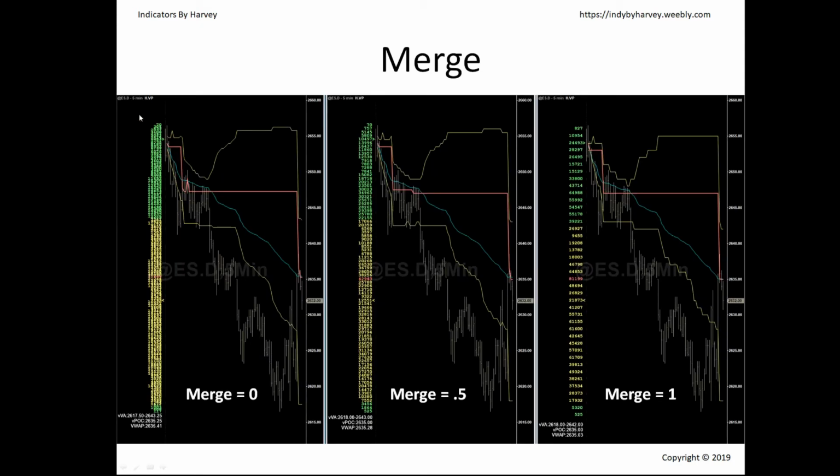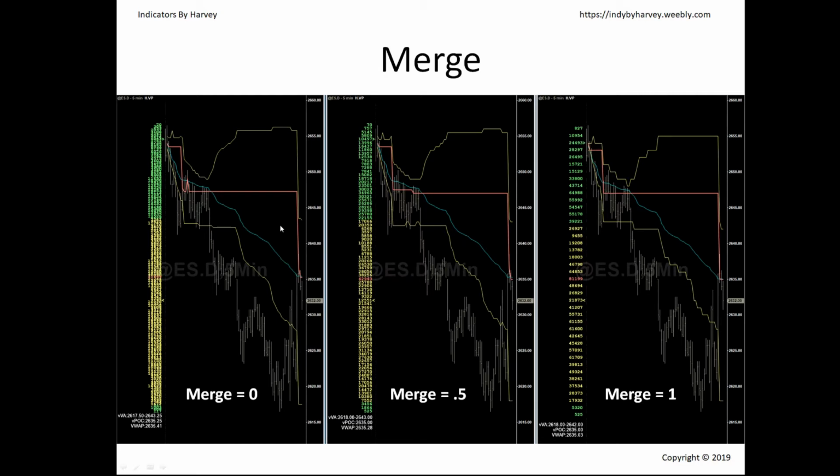You have here three charts of ES, 5 minutes, during a trading session. ES trades in 0.25 increments. When merge is 0, you see a VPO, value area low, high, volume POC, and VWAP that are absolutely precise for that product.